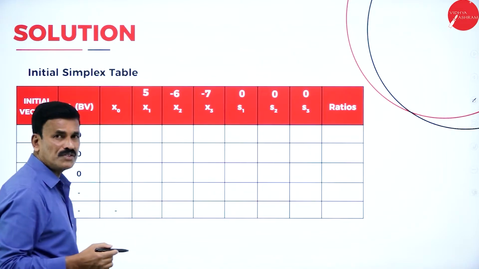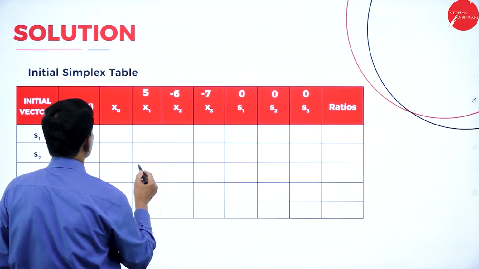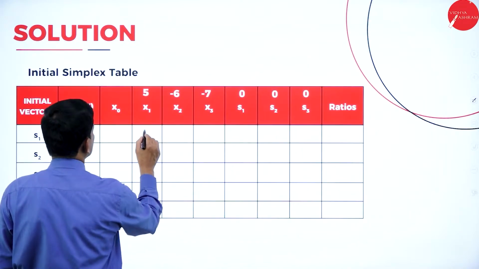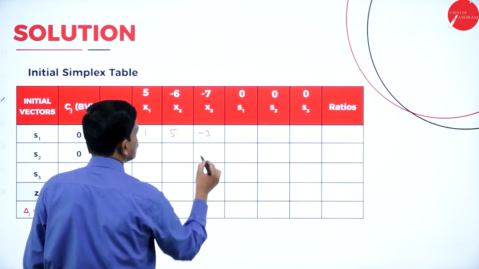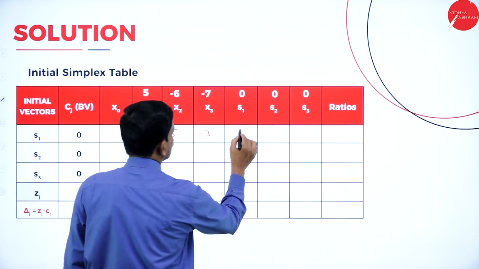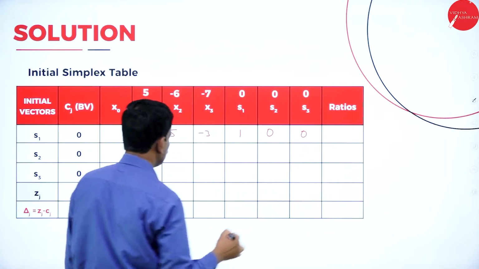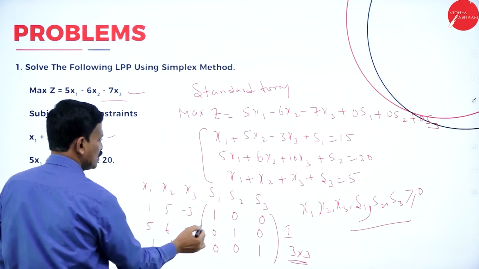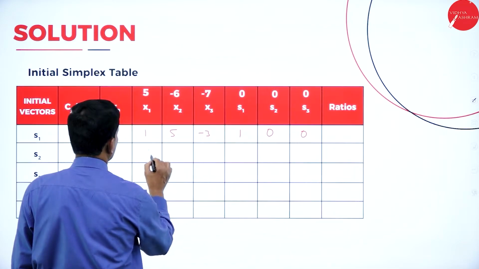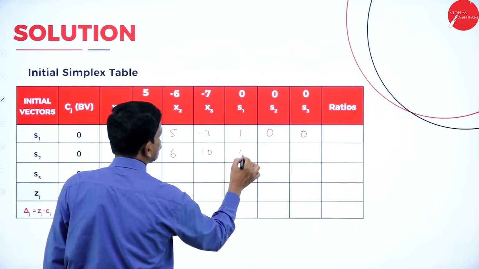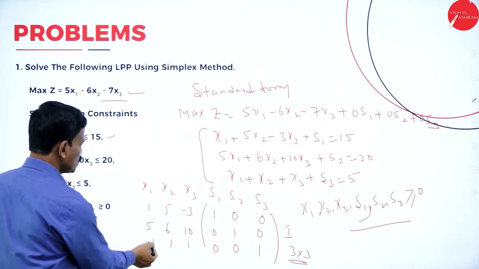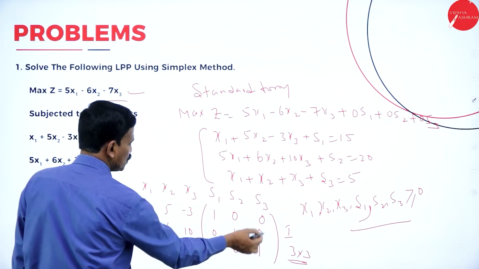Now write down the coefficients of the constraints. For the first equation, it is 1, 5 and minus 3, whereas s1 is 1, 0 and 0. Similarly, for the second equation, 5, 6, 10, 0, 1, 0. And similarly, for the third equation, it is 1, 1, 1, 0, 0, 1.